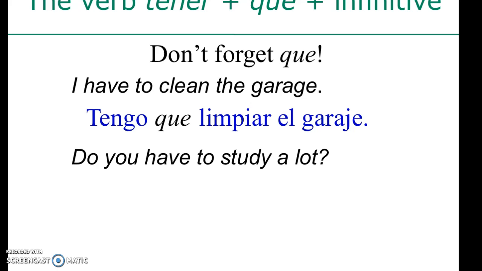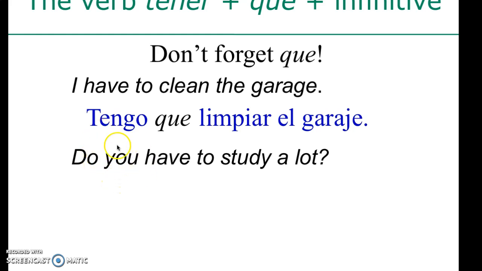What if I ask the question, do you have to study a lot? So remember, we can use this tener as a yes or no question. Remember, we don't have to look up do or does. We just need to conjugate tener. So in this case, we're going to assume the you is informal.